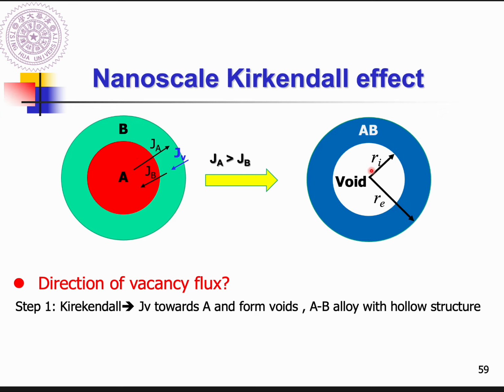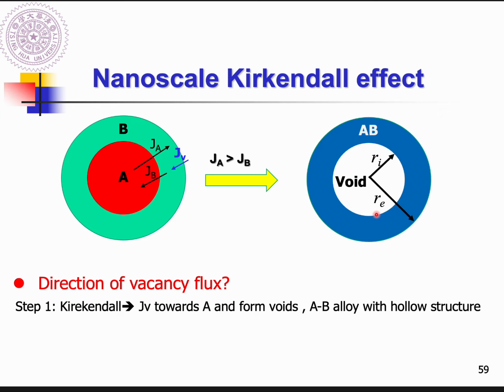So the void will get larger and larger, and the outside portion will become the AB alloy, which means the concentrations of atoms A and B will be uniform to form this AB structure. And inside we will find a void. So this will be the AB alloy with a hollow structure, with inner radius Ri and outer radius Re.